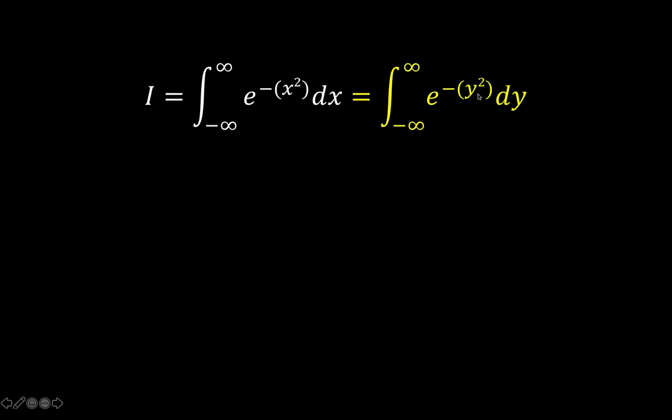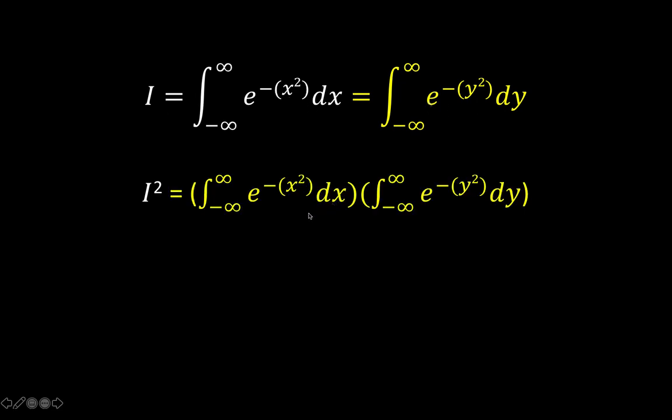It doesn't matter whether you use x, y, z, or any variable, as long as the form is the integral of e raised to negative of a certain variable squared, d of that variable, you will get equal integrals. And if you want to square I, it's just the same as multiplying I times itself, but each of these are equal to I. So we can also get the product of these two integrals.